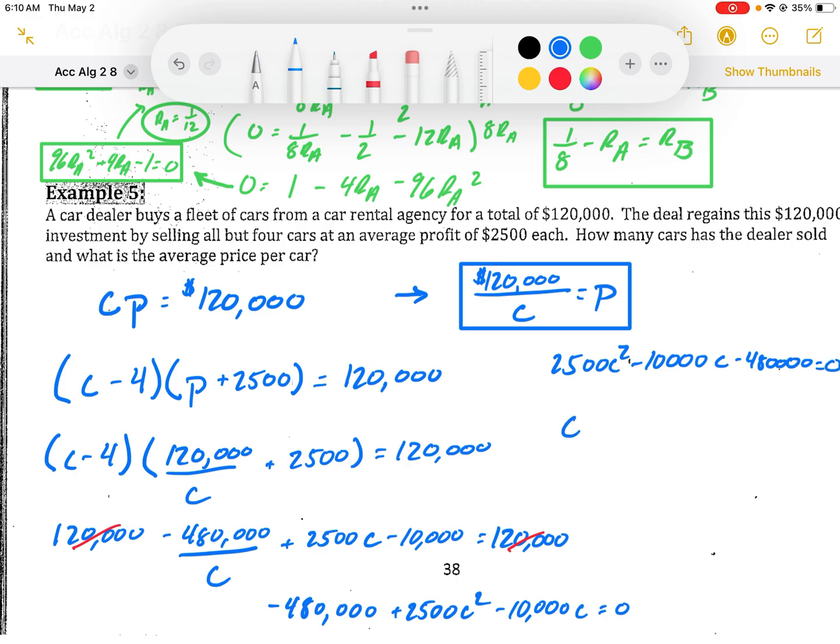Now we're going to write C equals 10,000 plus or minus the square root of negative 10,000 squared minus 4 times 2,500 times negative 480,000. Sorry about that, running out of room, all over 2 times 2,500.